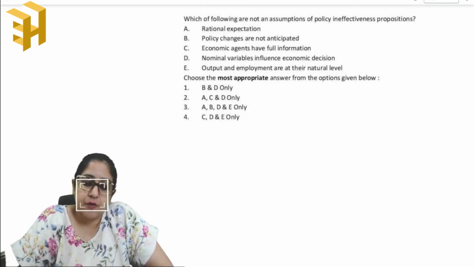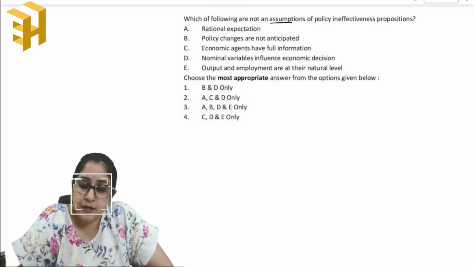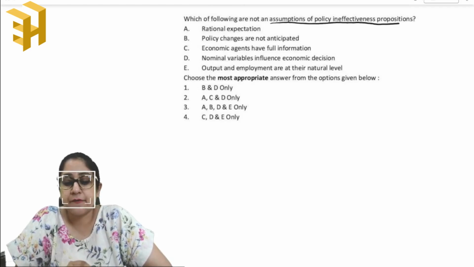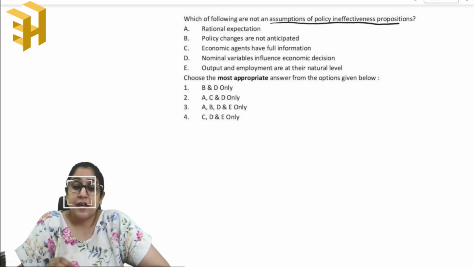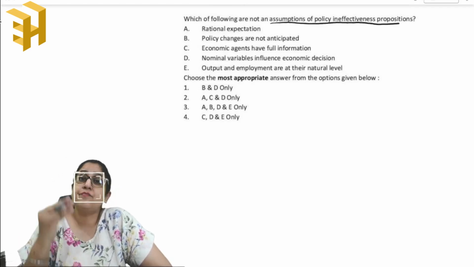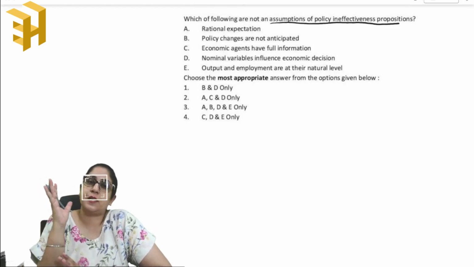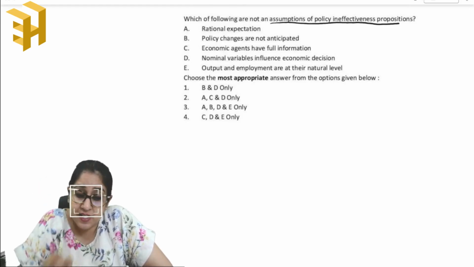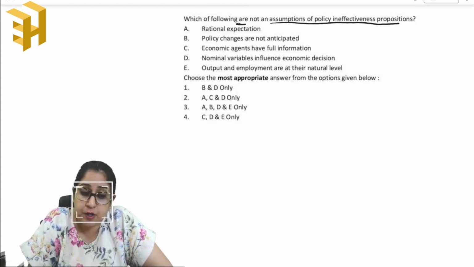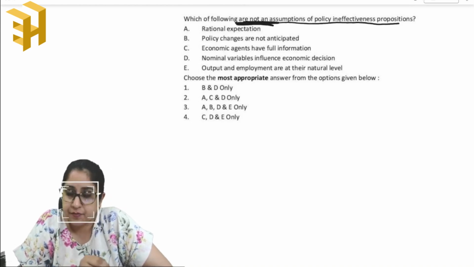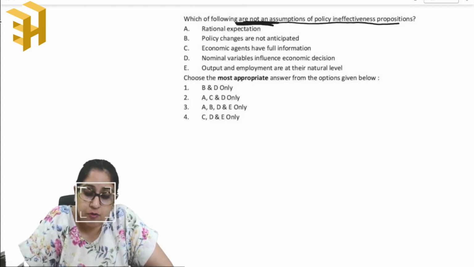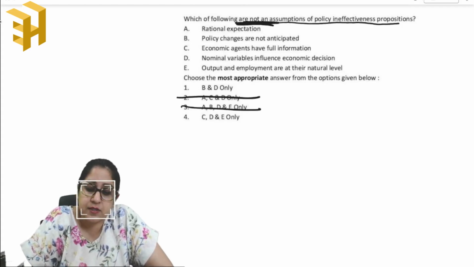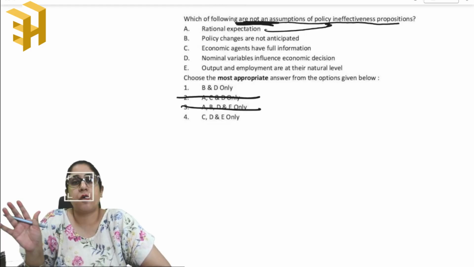Next question. Which of the following are not an assumption of the policy ineffectiveness proposition? Rational expectation, that is the main basis of policy ineffectiveness, right? So we have to strike out A, because the question is asking for 'not'.